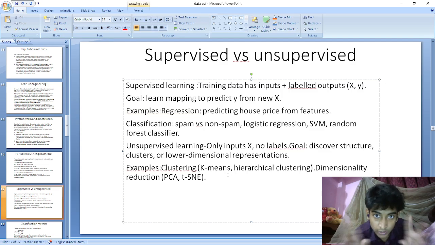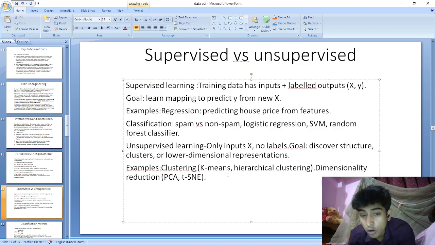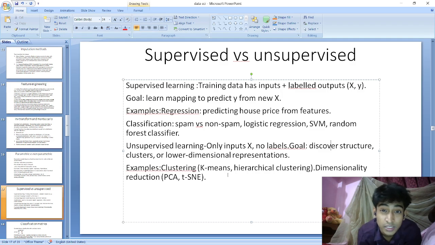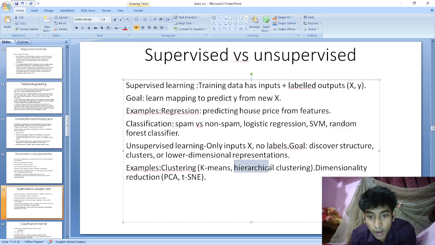For example, when you get a dataset, the first thing to do is either perform clustering or dimensionality reduction for reducing irrelevant features, and we perform clustering to visualize the data and see what the relationships are and what clusters are in the data. And often hierarchical clustering is used for dendrogram visualization, which is basically the first step for data visualization, right? This covers supervised versus unsupervised.